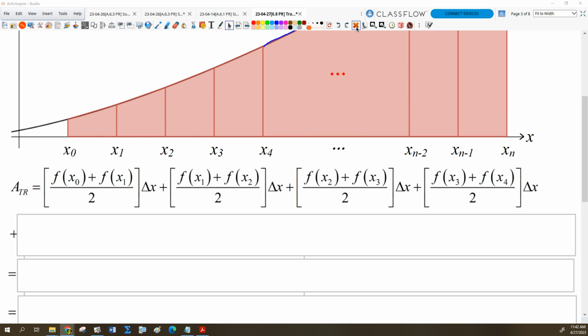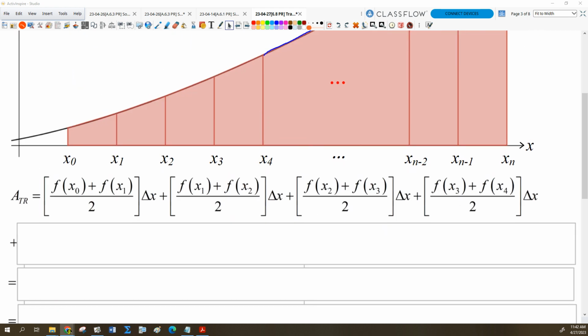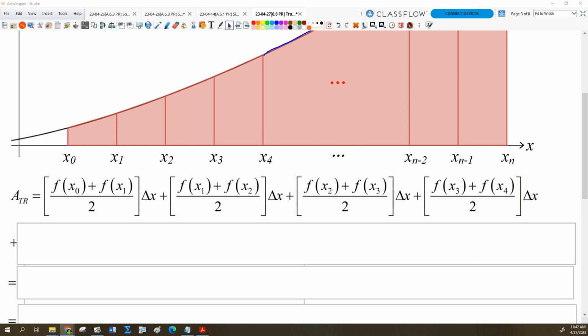The first trapezoid: the left edge, call it b1, is just going to be the value of the function at x sub 0. The right edge is going to be the value at x sub 1. And we're just calculating this trapezoid, aren't we? Right there, that area.